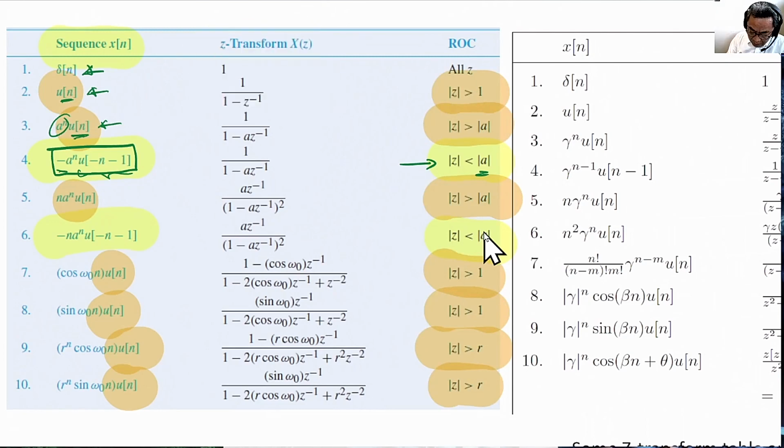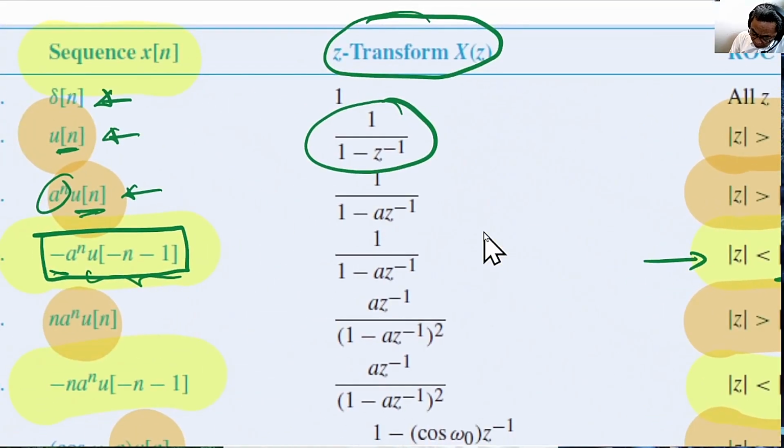The other thing to notice is that the Z transform is sometimes expressed as 1 over 1 minus z to the power of minus 1. This is a negative power of Z. Let's multiply both top and bottom by Z. It is Z over Z minus 1. So with a, multiplied by Z, it is Z over Z minus a.